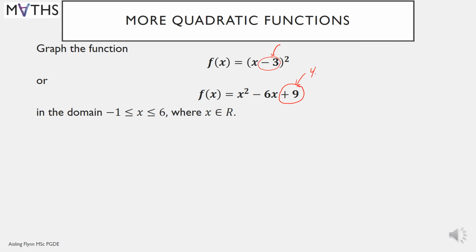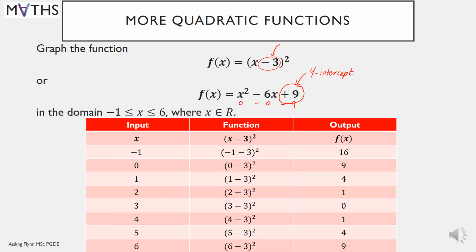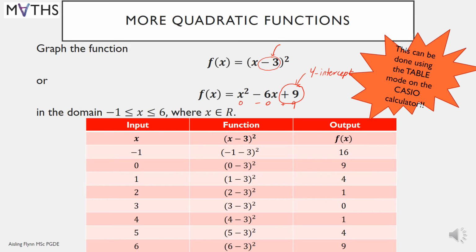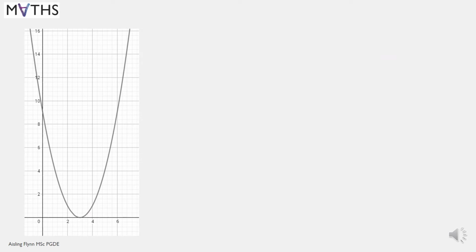This should give me my y-intercept, because when x is 0, we'll have 0 minus 0 plus 9. That will give me my y-intercept. Again, you should be practiced now at using your calculator to generate the outputs, so keep practicing that. And let's look at the graph of this function. So here are the outputs plotted.